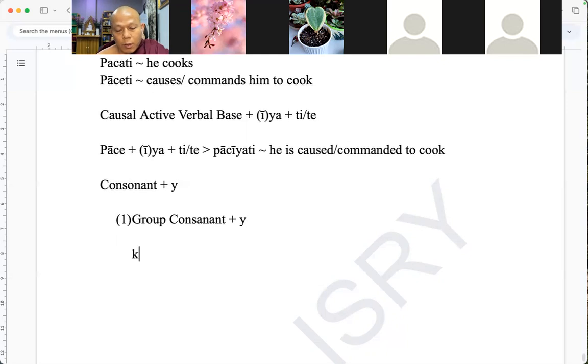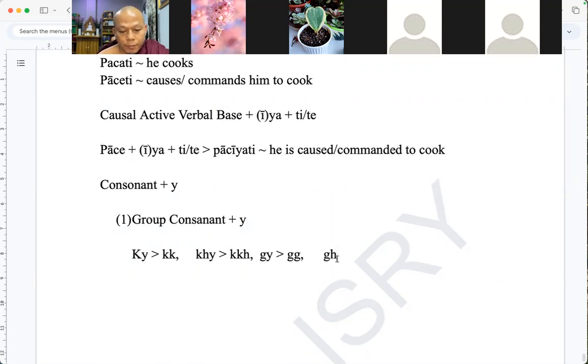So now, ka, kha, ga, gha. But nga is quite rare, we don't use nga. So with ya, ka ya becomes ka ka, and ga ya becomes ga ga.